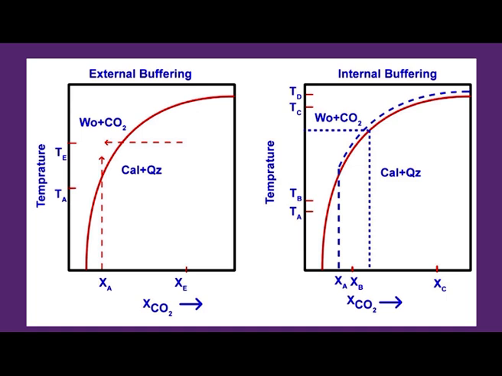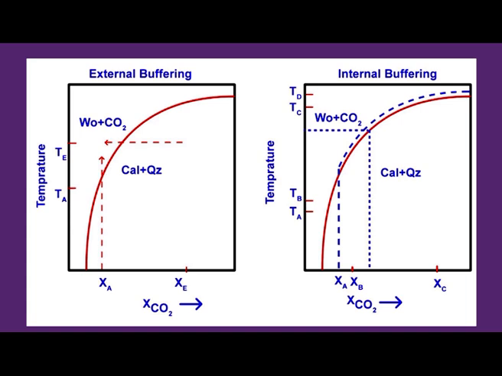External buffering: if the fluid composition is controlled by an external source, as in an open system, the fluid passing through the marble will be in sufficiently large quantity and would flush away the mixed fluid containing H2O.